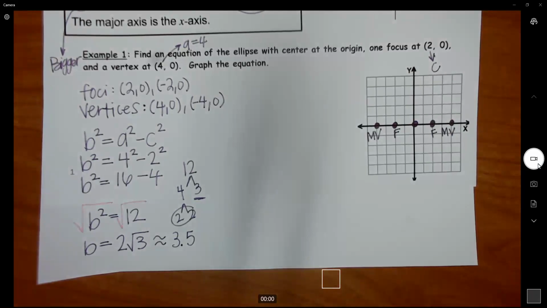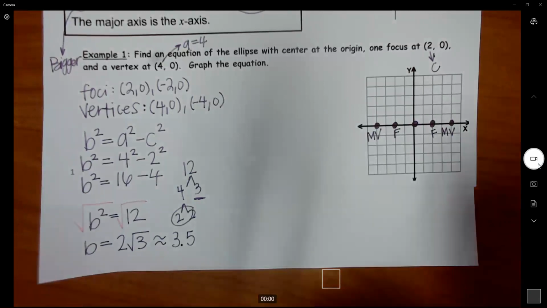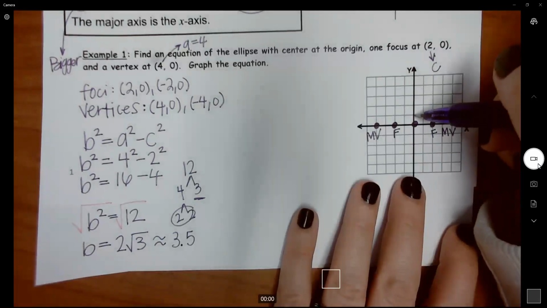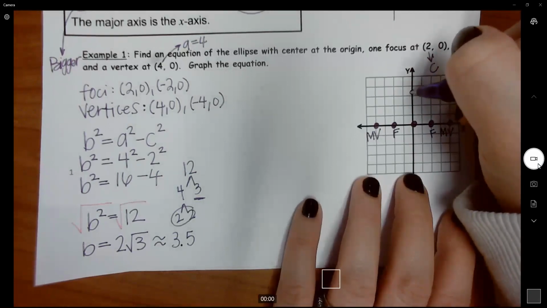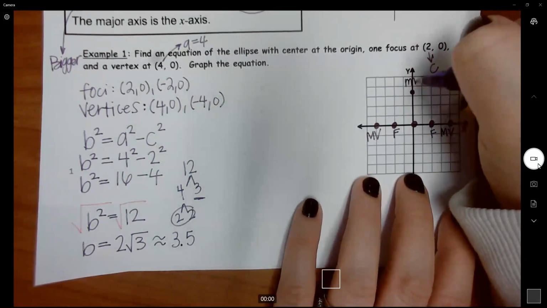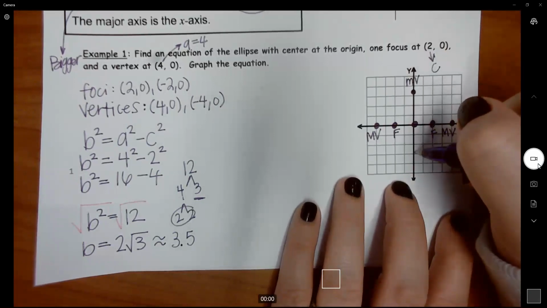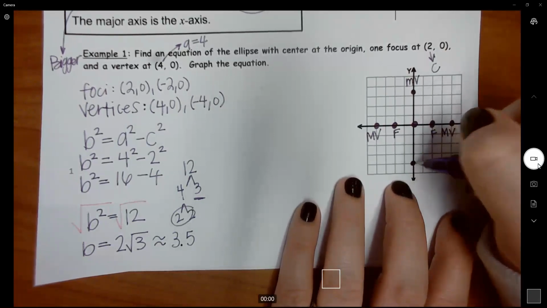And so now I can even put in my minor vertices. So this is up 1, 2, 3.5, and down 1, 2, 3.5.